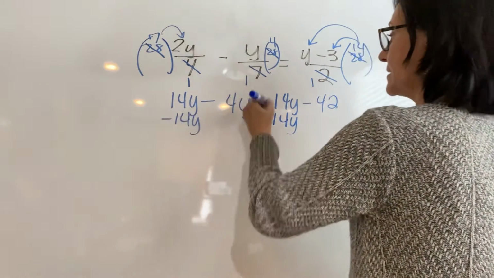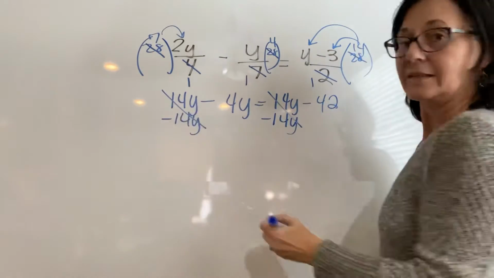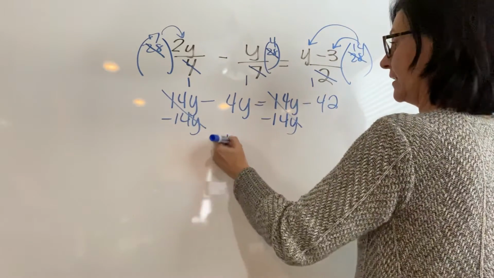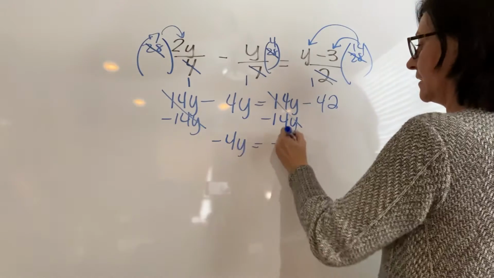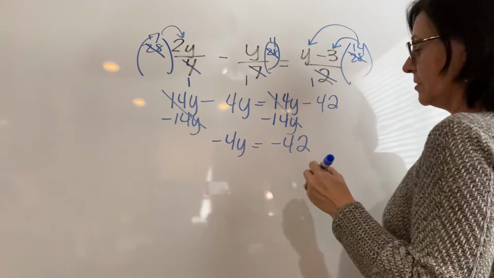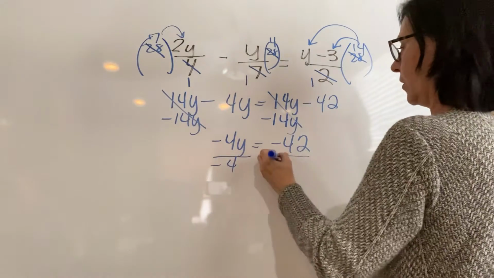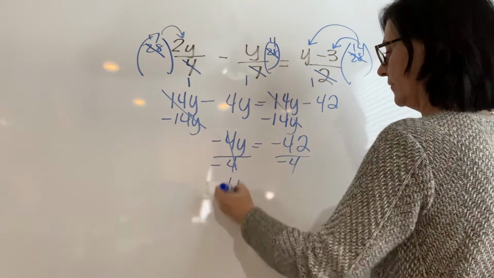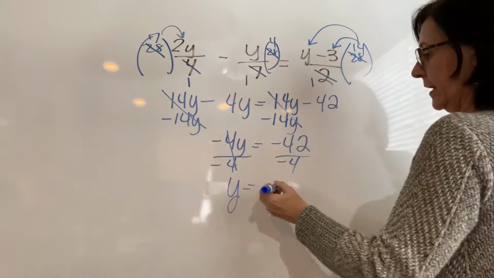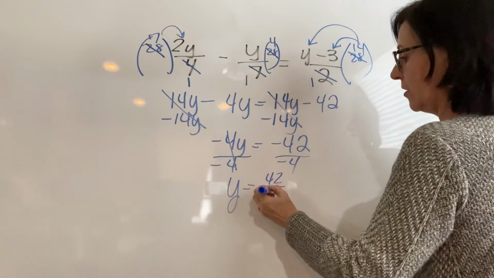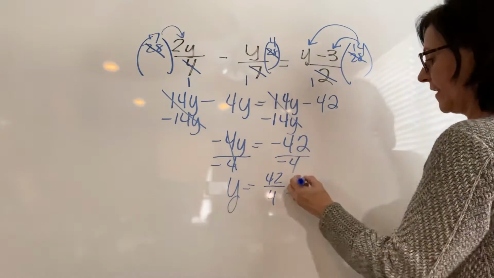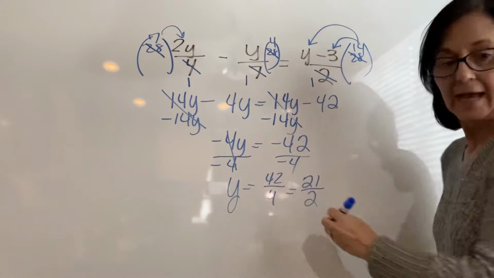Look what happens. That eliminates. I'm left with negative 4y equals negative 42. And when I divide by negative 4, the value of y is 42 over 4, but I can simplify that. That's 21 halves.